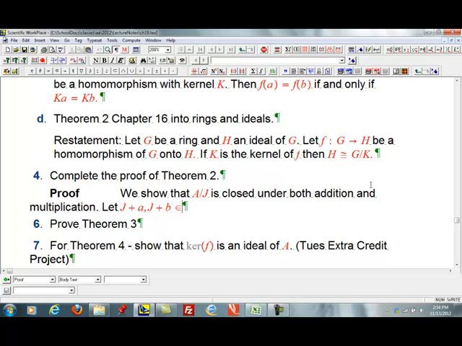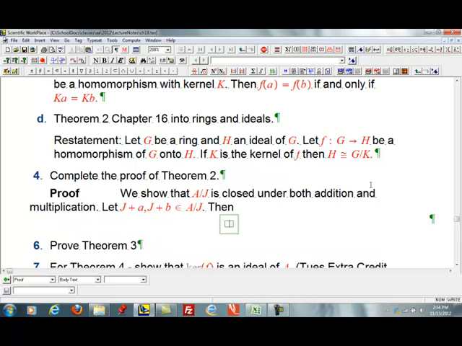Let J plus a and J plus b be in A mod J. Let's add and multiply them together. We can do them according to our definition. What is J plus a plus J plus b? What is that equal to?